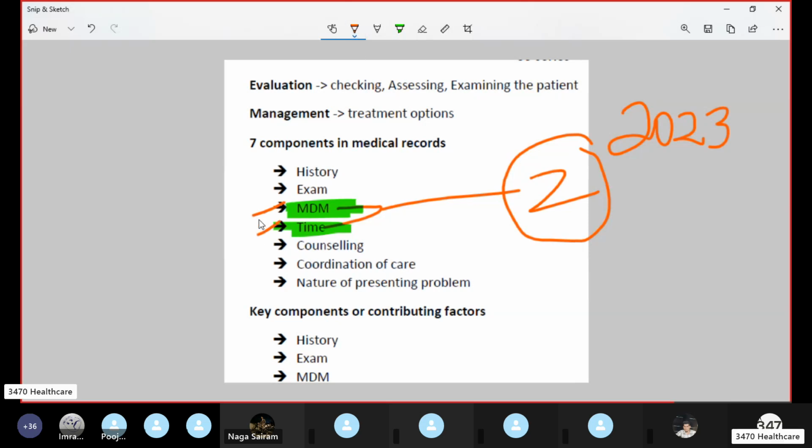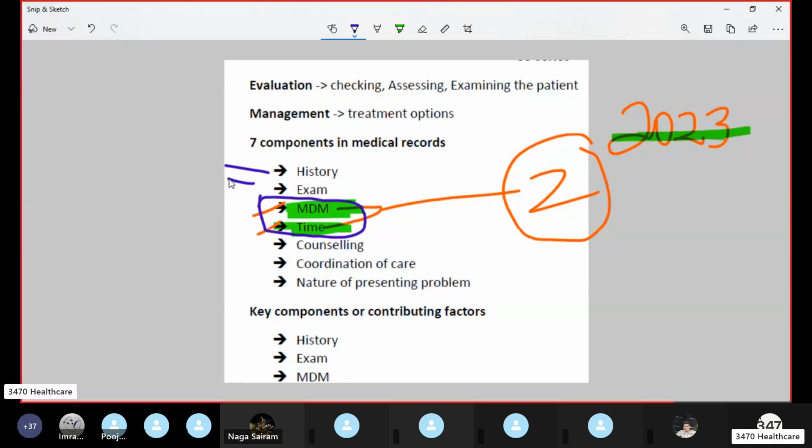On these two bases only you need to choose the evaluation and management code as per 2023. This is a very important thing you need to know.